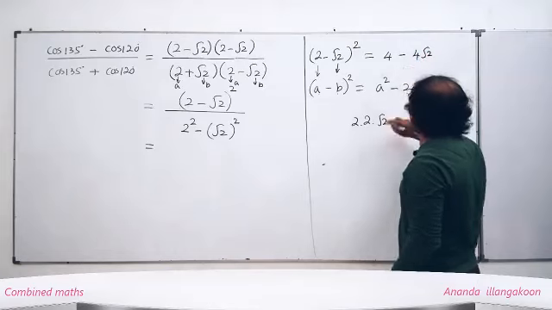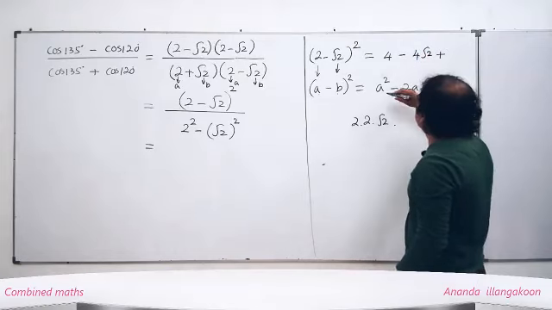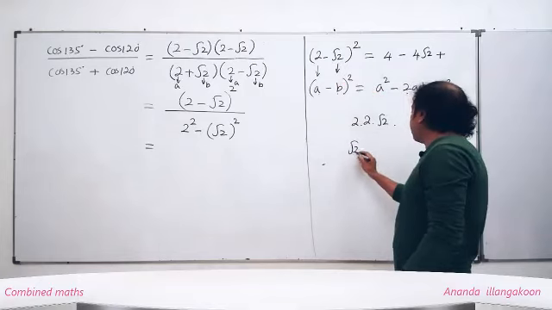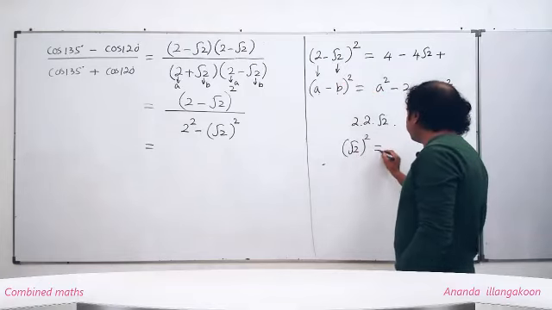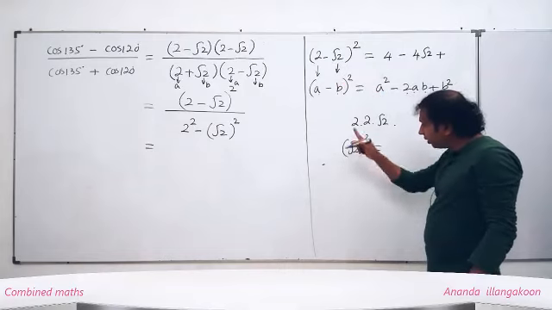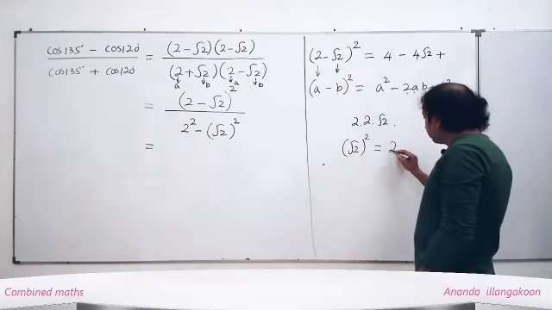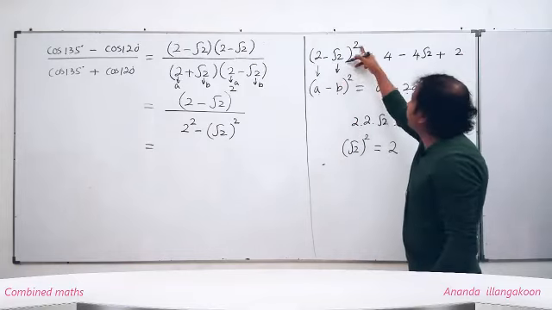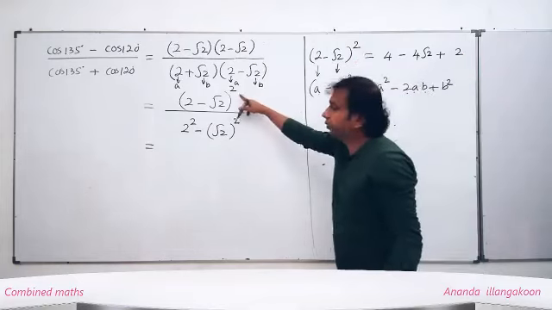4 root 2. And next one, plus b squared. Plus b means this root 2. When you square a root, what happens? Root something when you square, we know the root will eliminate. That is now 2. So we get plus 2. This is what we get when you expand.